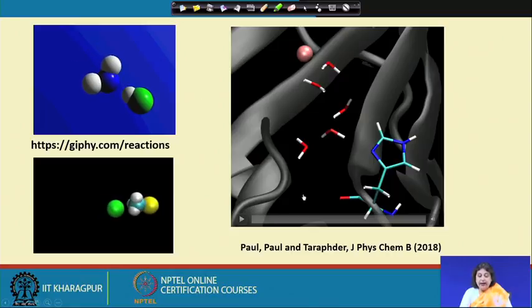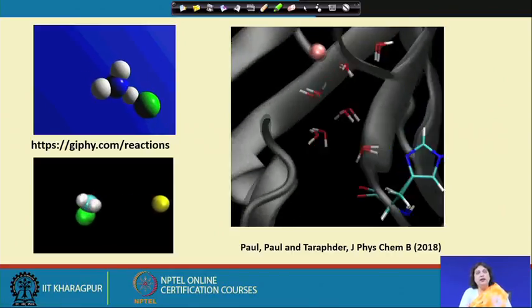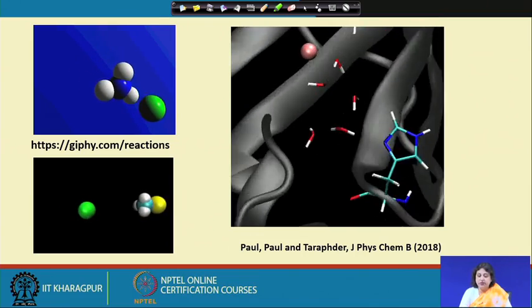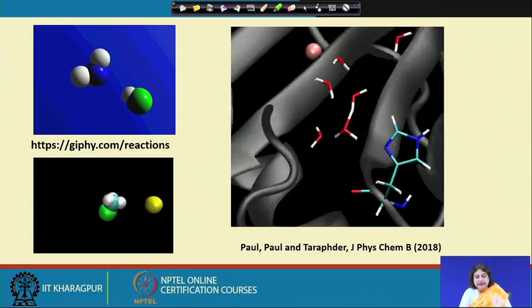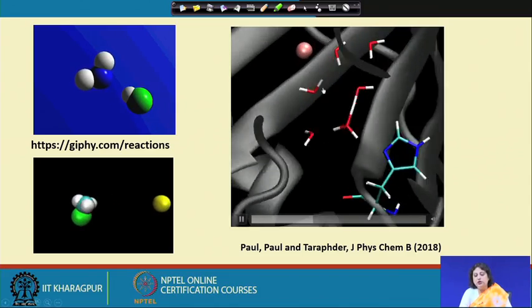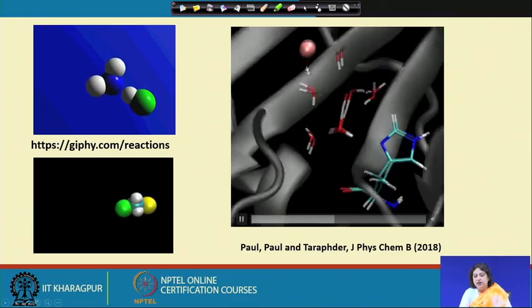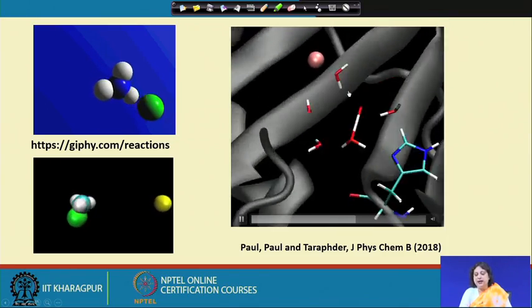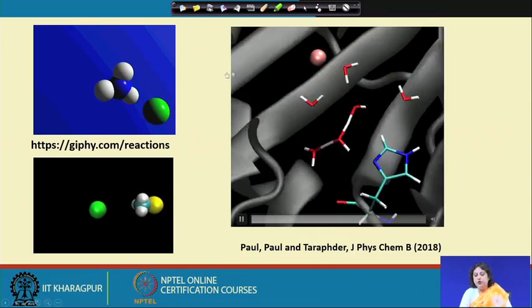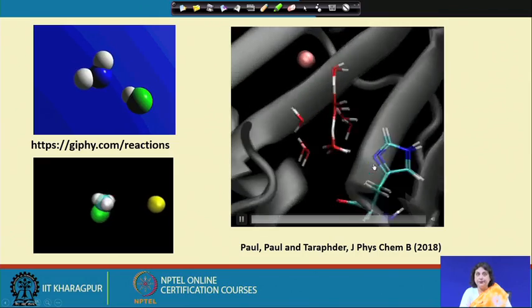Or you can even have very complicated situations, for example, in an enzyme catalyzed situation. This is a proton transfer reaction within an enzyme where you see that these water molecules are exchanging one proton between themselves, so that one water molecule loses a proton and eventually this proton lands up on this particular nitrogen atom.